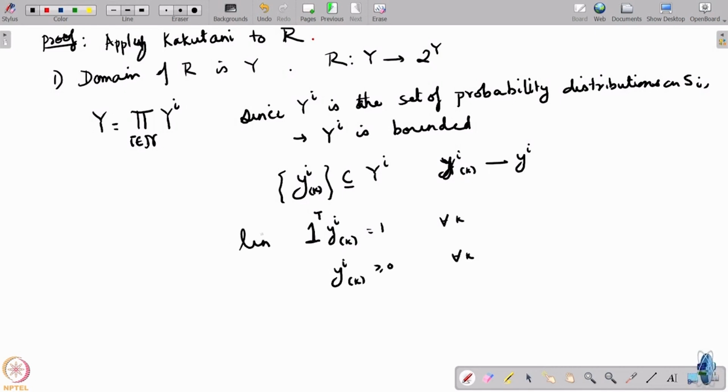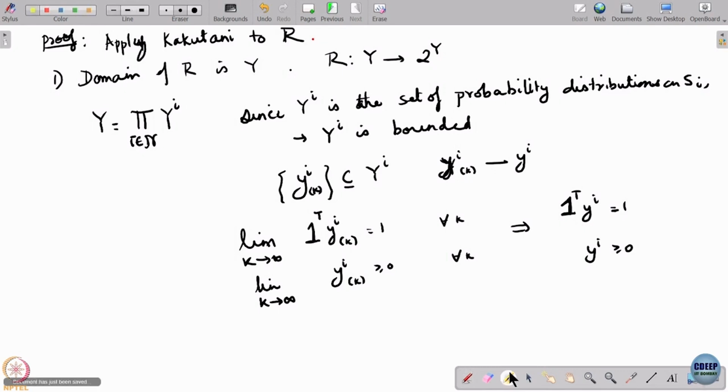Therefore, if I take the limit as k tends to infinity, the limit should also have this property: 1 transpose yi would be equal to 1 and yi would be greater than or equal to 0. So, in other words, Yi is bounded because these are probability distributions, and it is closed for the same reason.